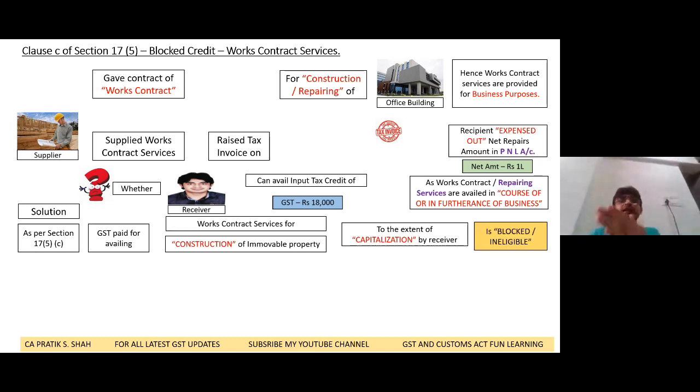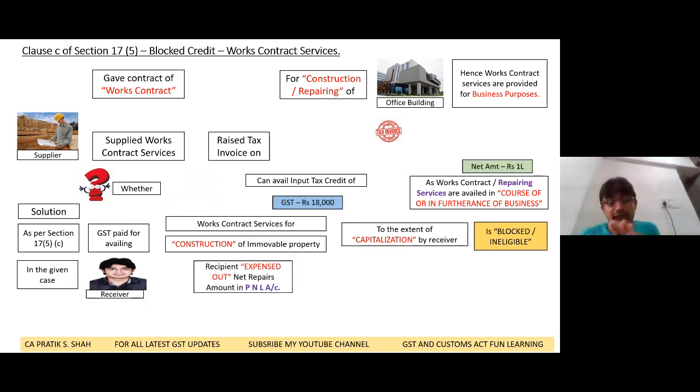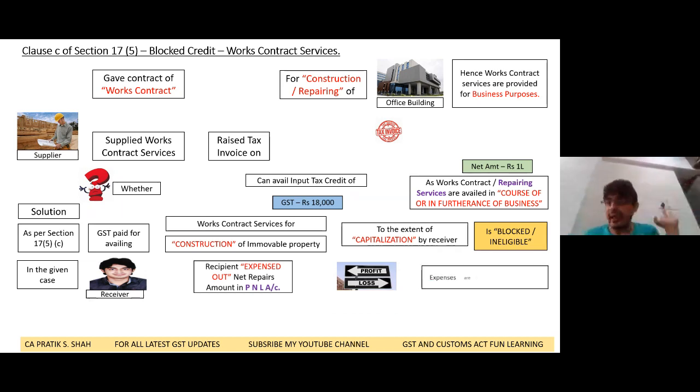Have I capitalized it? I have debited in the profit and loss account. In this case, the receiver has expensed out 1 lakh rupee in P&L account. It is not in my balance sheet. I am not capitalized. Hence, in this case, I can take the input tax.